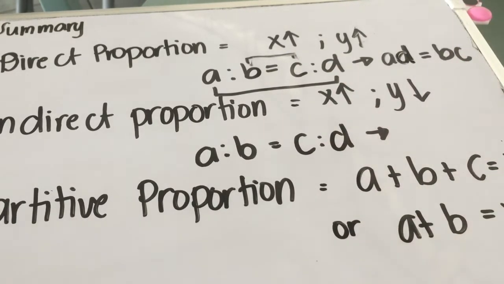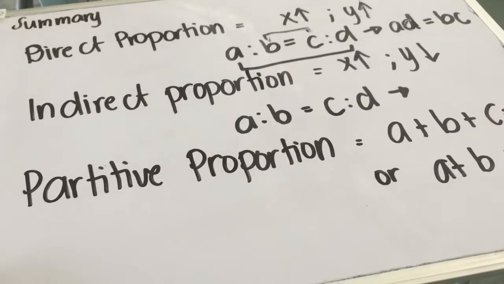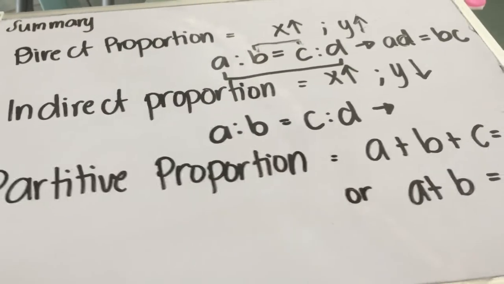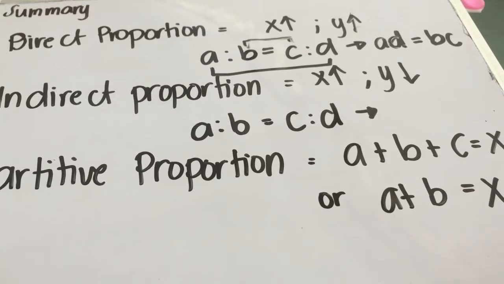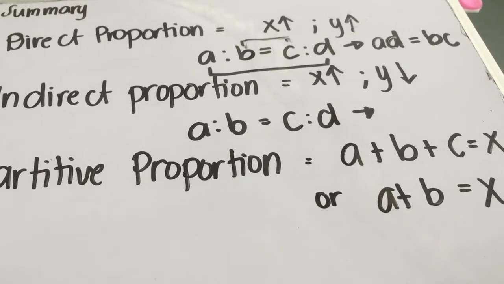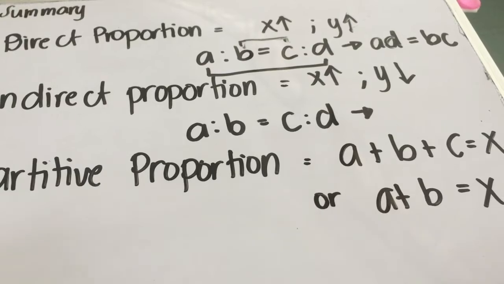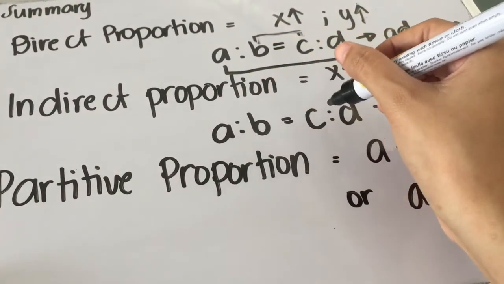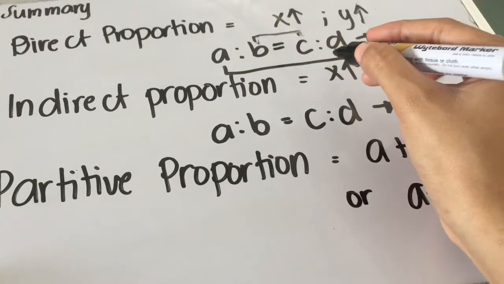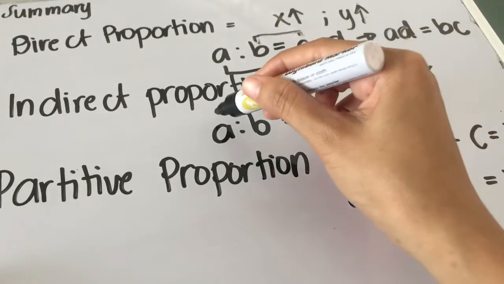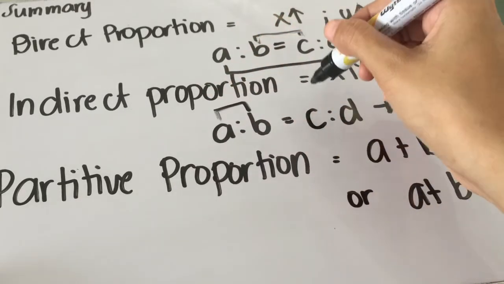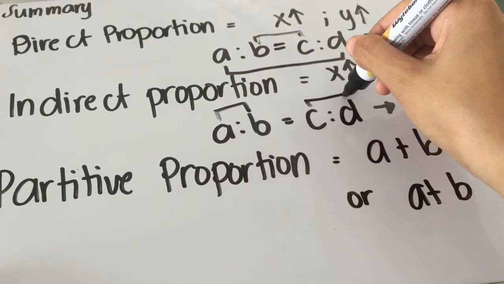So it should be like this. Ang kalalabasan niya, yung magiging total niya. Sa indirect proportion naman, kabaliktaran. So we have, if the x variable increases, the y variable decreases. In using this formula, A is to B equals C is to D, ang pinagkaiba niya sa direct proportion, AB should be equal to CD.